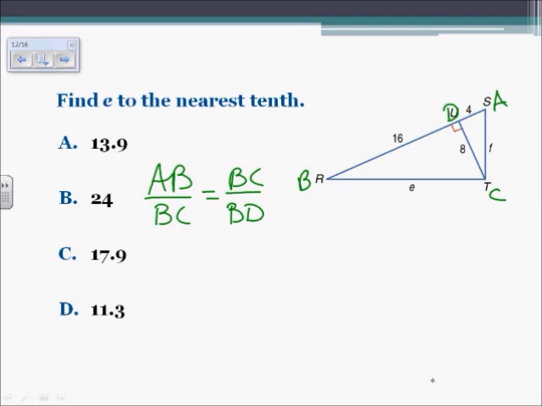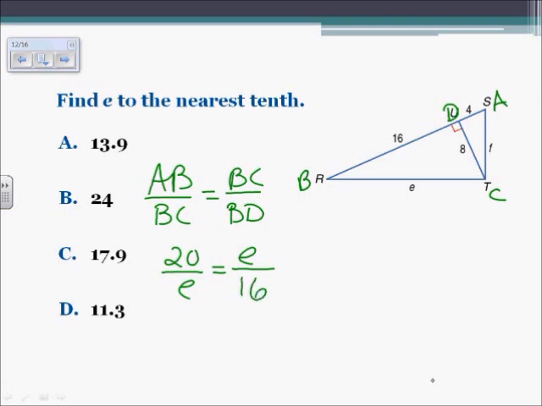Filling in the information that we know, AB is the addition of the entire bottom, so we will have 20 over BC, which is the side I'm trying to solve for, so that will be E, and that will be equal to BC, which is E, over BD, which is given to us as 16.